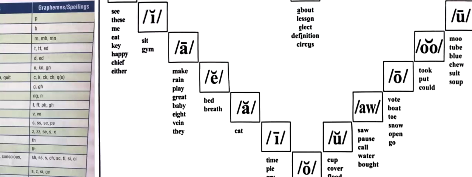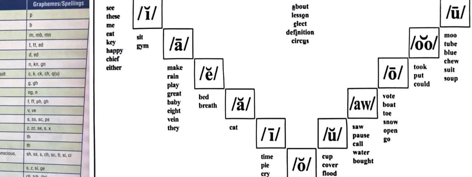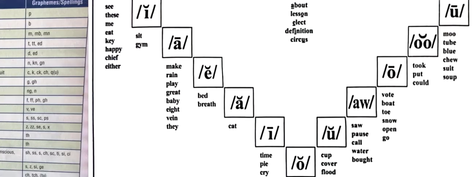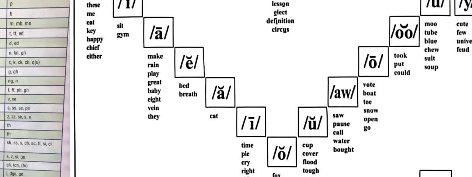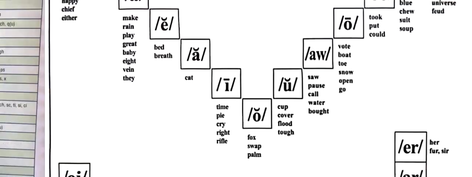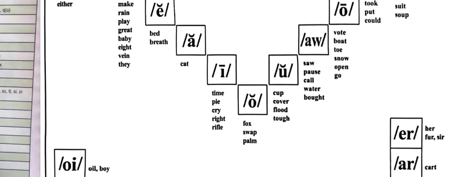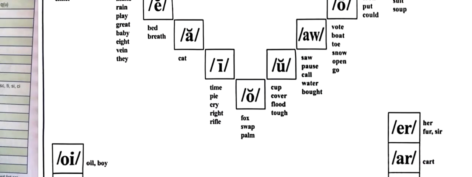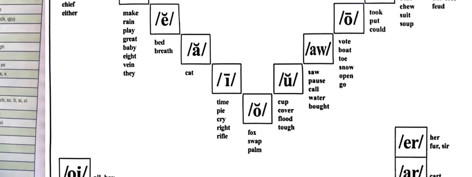So you can spell the short E sound with 1 E or with EA. A, spell with 1 A, at. I, you spell with 1 I, and then a consonant E. IE also makes this sound, and Y also makes this sound.